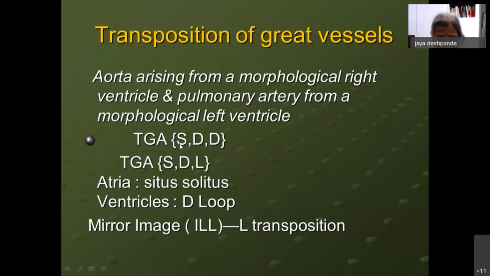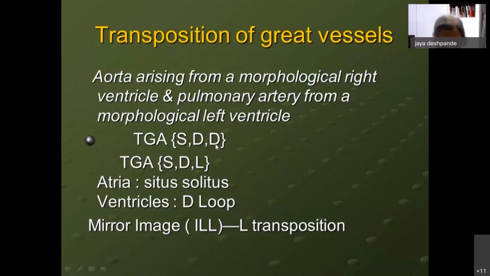That means atria are in their normal position. D loop of the ventricles, that is the right ventricle is on the right side and the left ventricle is on the left side, and D position of the great vessels. That means the aorta is to the right and the pulmonary artery is to the left.